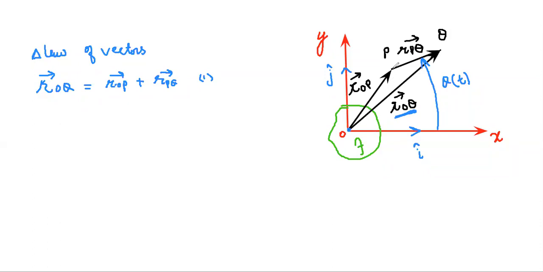Same is the case with point P. The velocity of point P with respect to the ground frame of reference will be the derivative of ROP vector with respect to the ground frame. So this differentiation that we have to perform in order to find the velocity of point P or point Q is to be found with respect to the ground frame of reference.